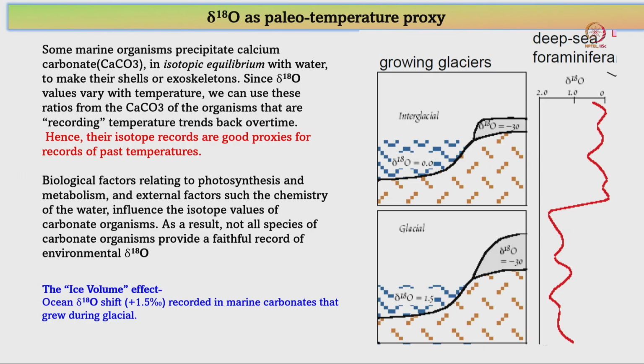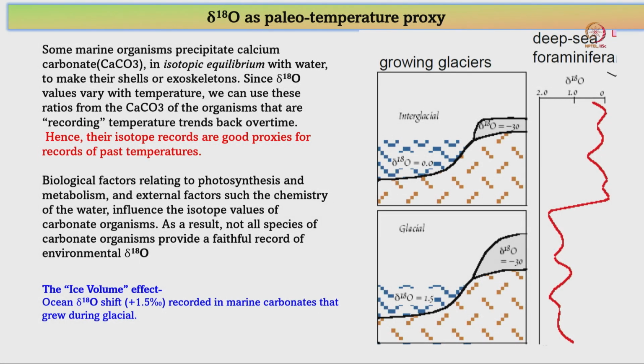Now, we not only check delta 18O values from water, we also try to use other proxies. And what are those other proxies? It is carbonates, right, because these carbonates are precipitating from the ocean itself.